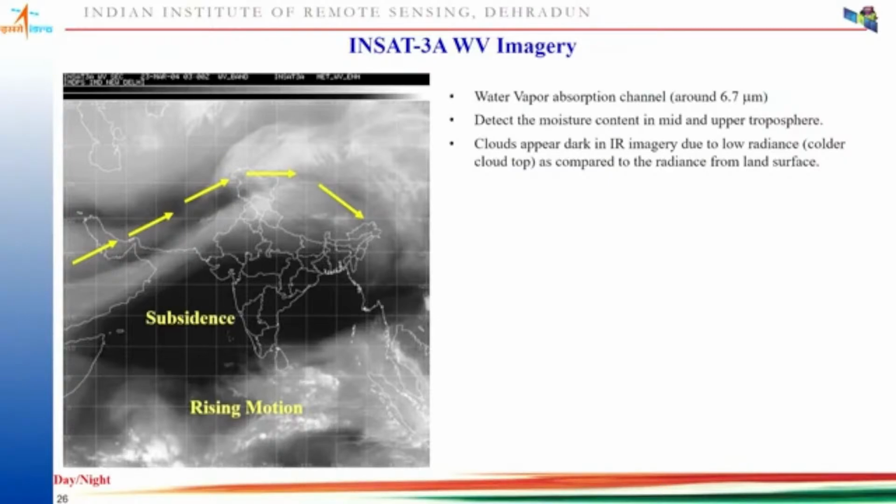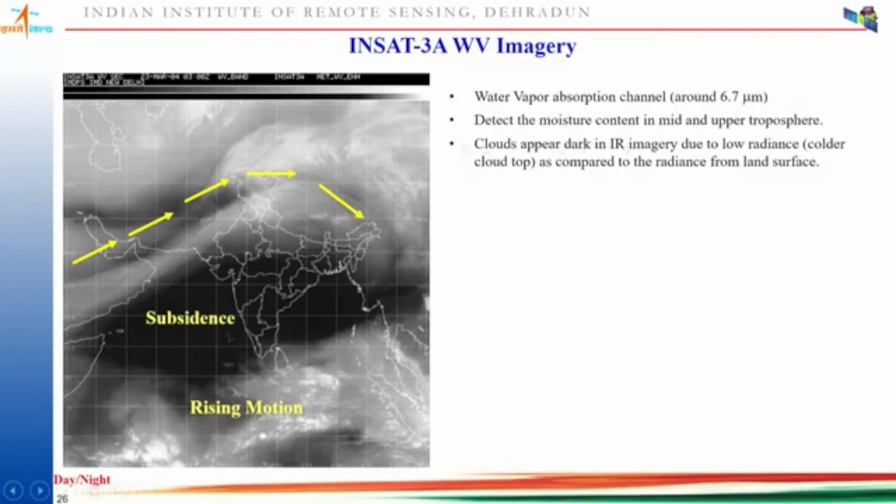Now the third imagery is the water vapor. Water vapor is around 6.7, that is 5 to 7 micrometer. This is an absorption channel at 6.7 micron. So it detects the moisture content in the middle and upper troposphere, and clouds appear dark.